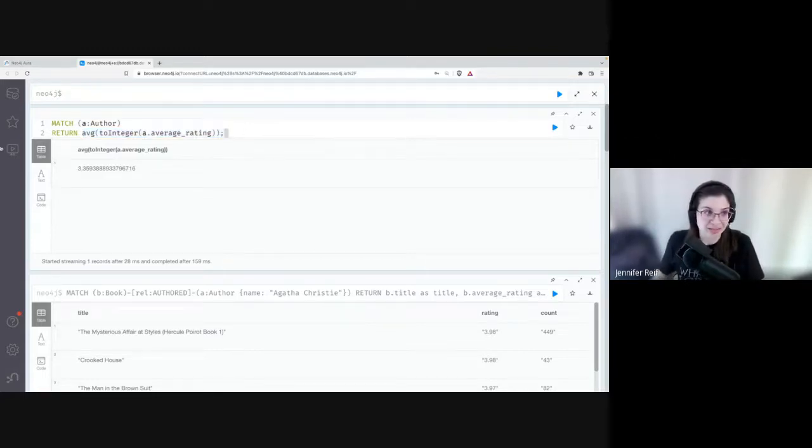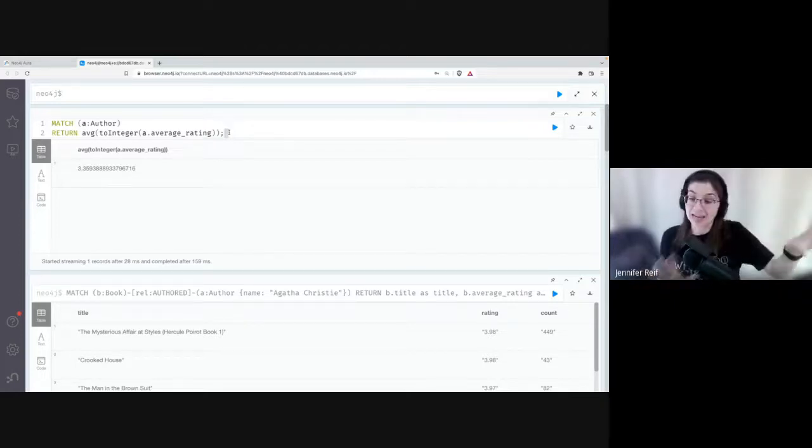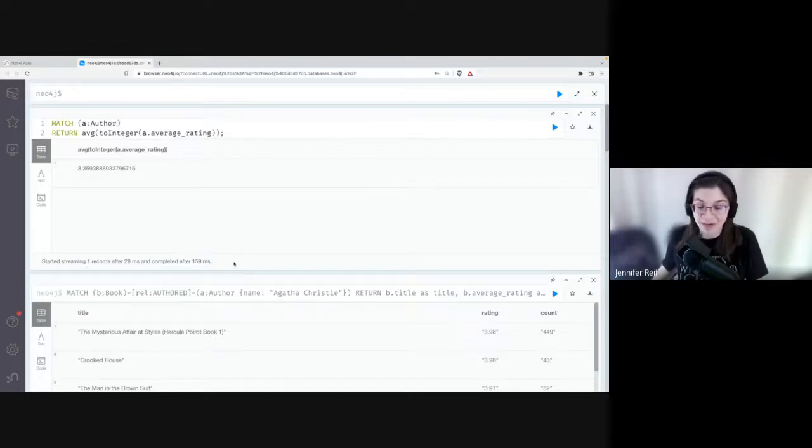So this is not well suited to graph because you're not utilizing the relationship advantage. Yes, it can do it, it handles it fine. We have about 12,000 some odd author nodes and it calculated it in 159 milliseconds. Not bad at all, but you're really not gaining anything from using a graph in this particular query.